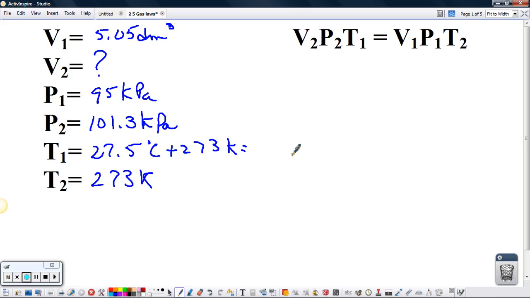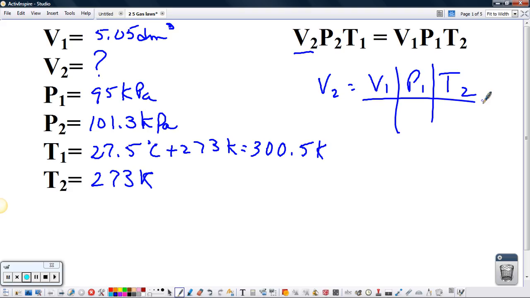So this one is going to be 300.5 K. Okay. Now, what can I mark out? Nothing. Got it all. So I got to work with it all. I'm looking for V2. What am I going to divide both sides by? P2, T1. So V2 is equal to V1 P1 T2 divided by P2 T1.